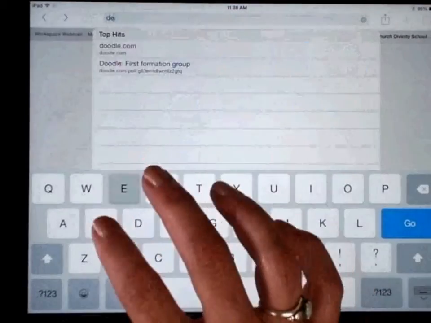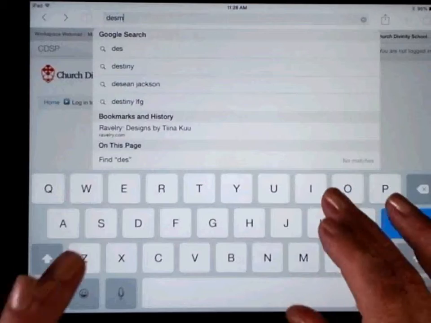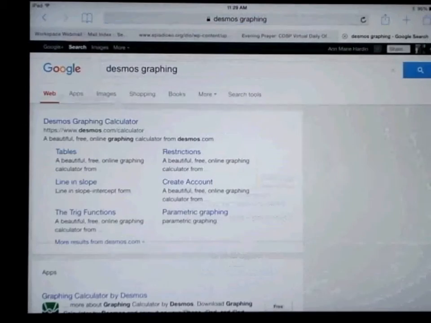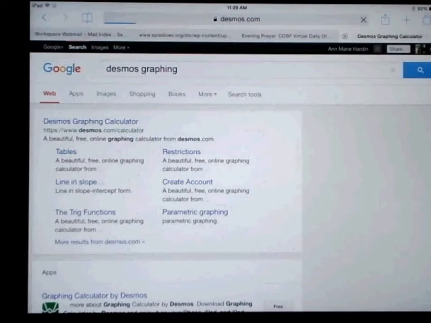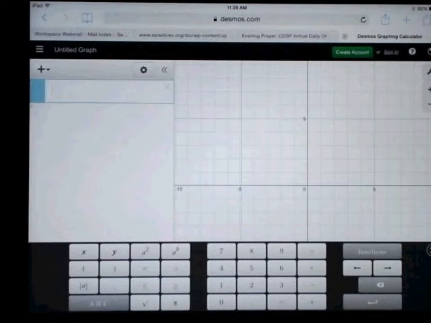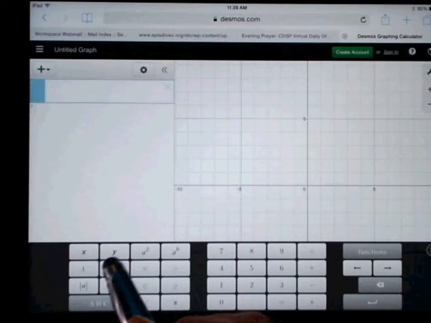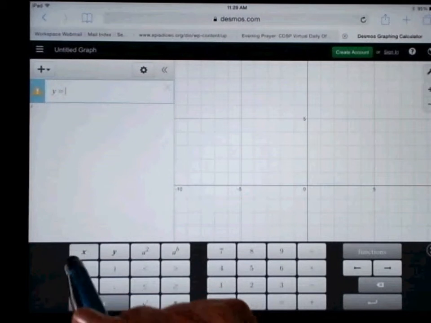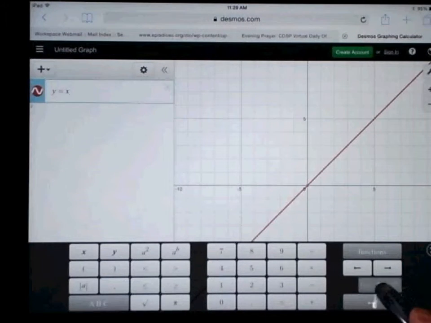This is a graphing utility that I recommend you become familiar with. It will help you out in doing your homework. There is an app available for any Android device, or you can access it on the computer like I just did. And I'm going to use the y equals form, because that's what Desmos likes.